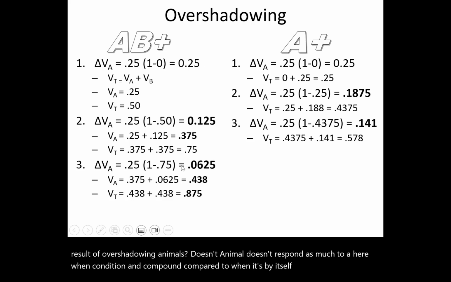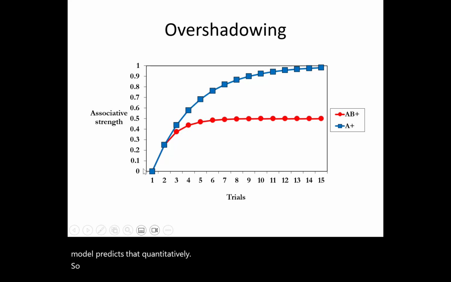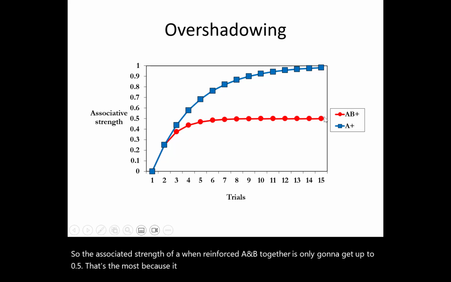And the Rescorla-Wagner model predicts that quantitatively. So, the associative strength of A when reinforced A and B together is only going to get up to 0.5. That's the most because it shares available associative strength. A by itself, way up here.